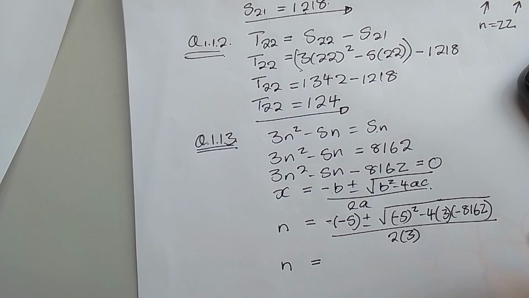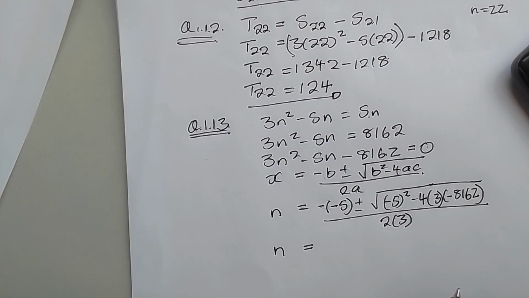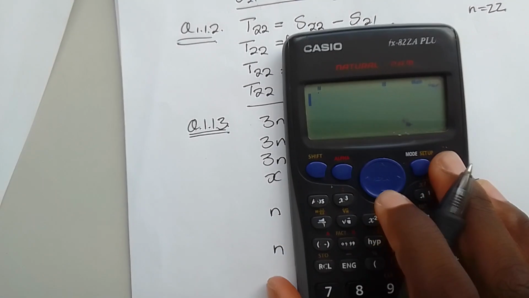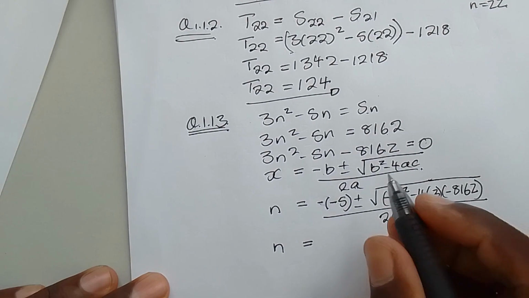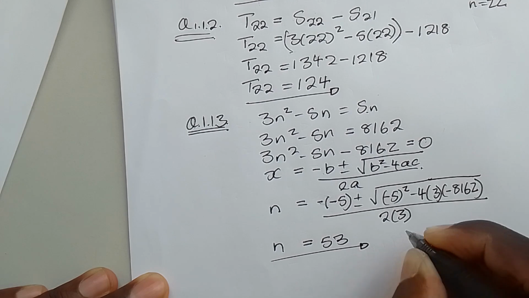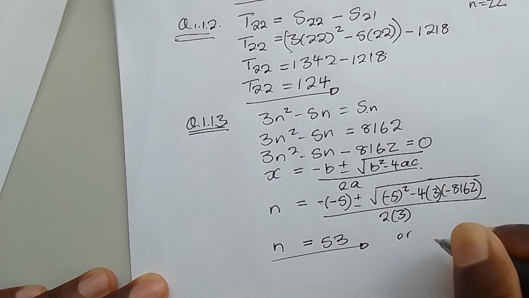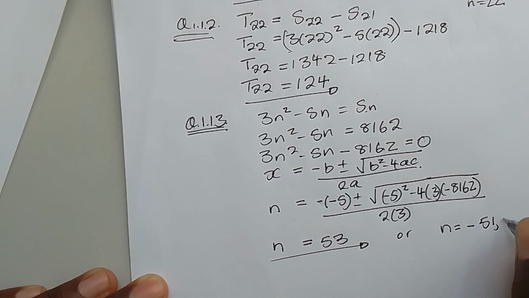Now n is equal to, you could try to simplify this, but I don't think it's necessary. The answers I get when I press this on my calculator are 53, or n is equal to negative 51,33.